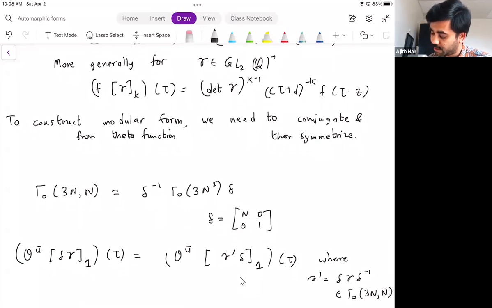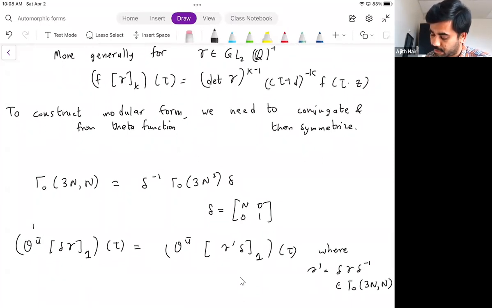So my gamma is now inside, for gamma equal to (a, b; c, d) inside Gamma naught 3n squared. So if I have delta gamma, then that is the same as gamma prime delta.